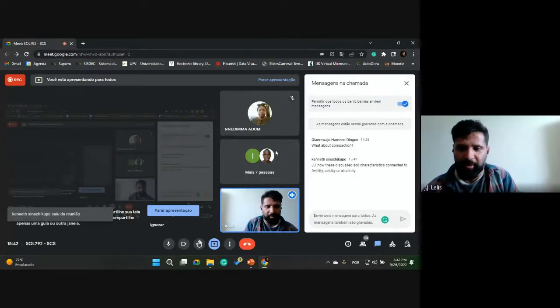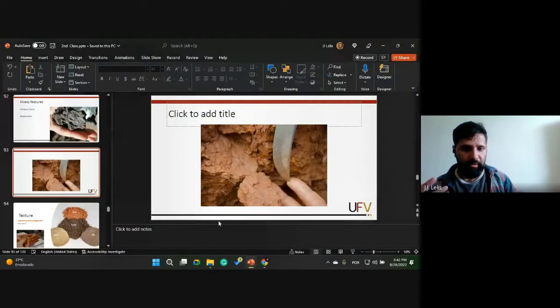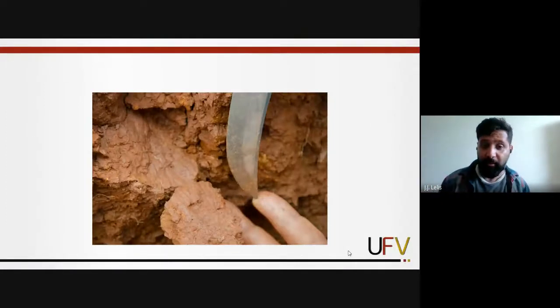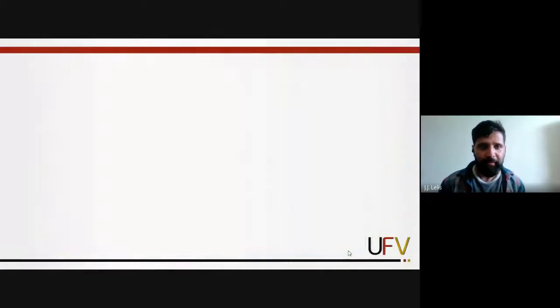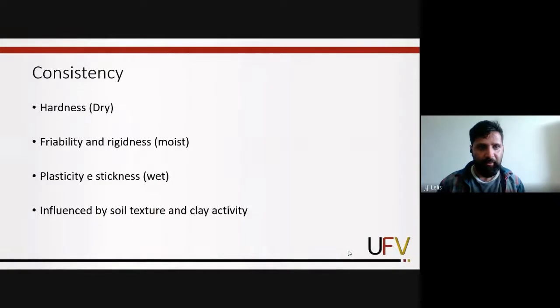These properties are very connected to fertility and acidity or alkalinity of the soils. Let's show how we can connect some of these properties, okay? Let me put it this way.